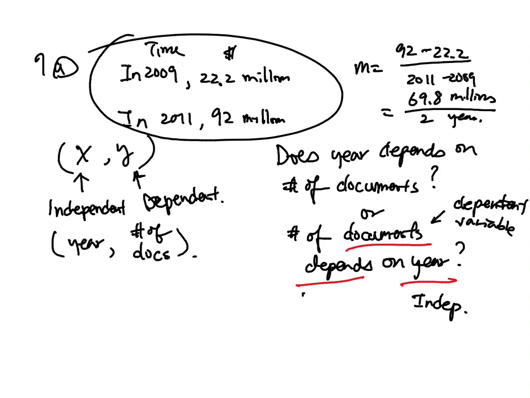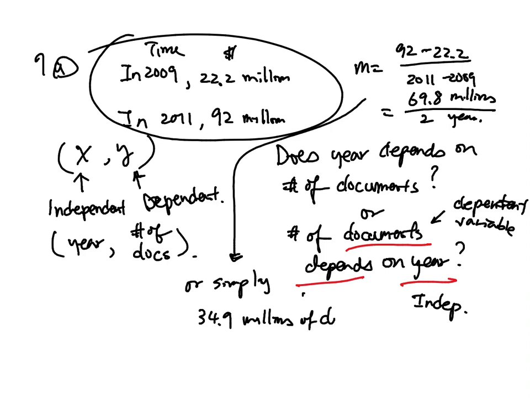So your slope is 69.8 over 2, or simply 34.9 million documents per 1 year.